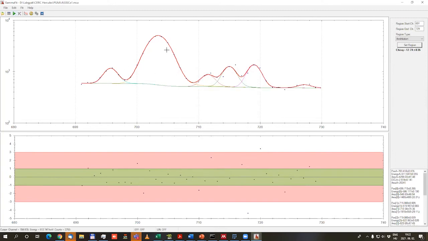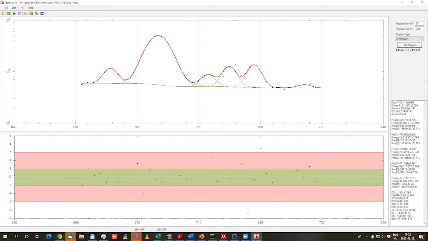And you may notice that this peak is now broader than the others. So this is the annihilation peak, which is specially handled, while all other peaks are of common peak width. And then again, you have here all the peak areas listed with the corresponding uncertainties.